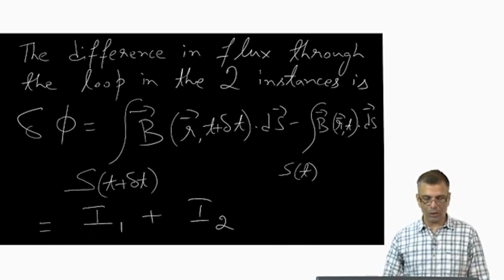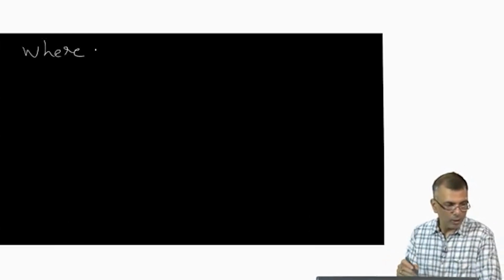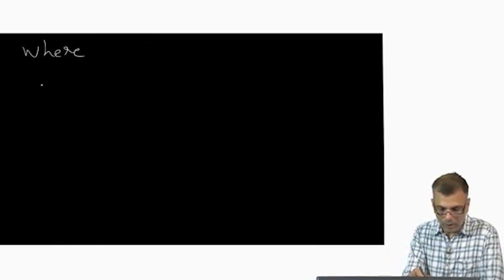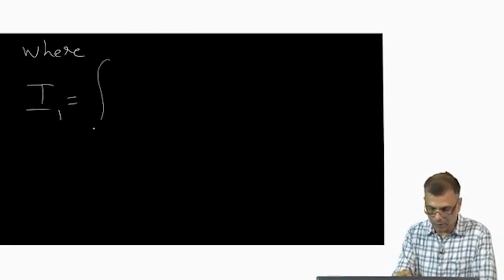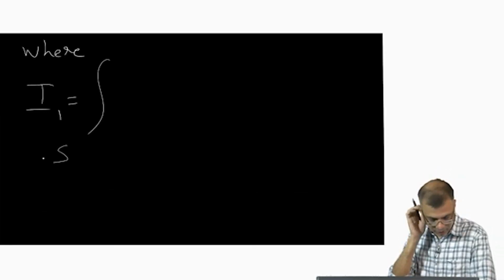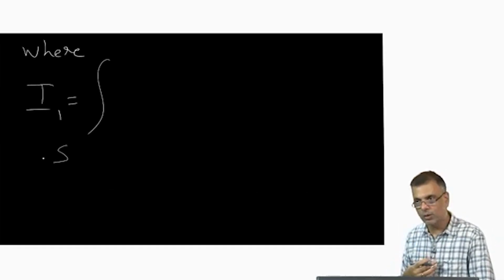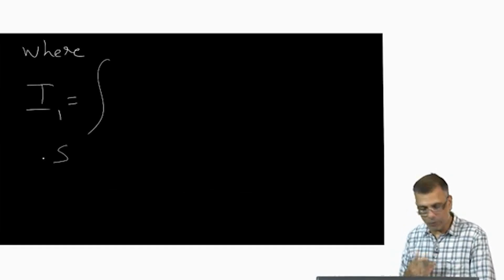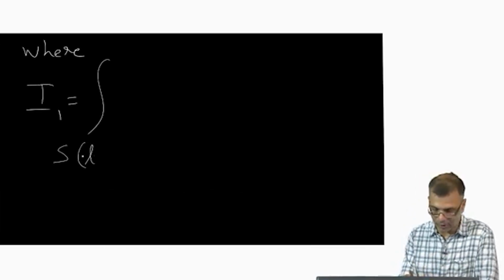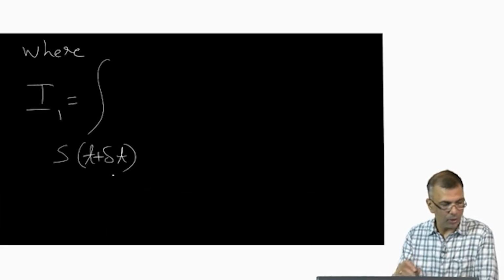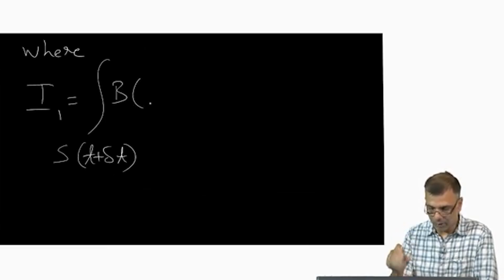Okay. So where I1 is equal to, I1 is essentially the difference in flux due to the change in the loop position, and I will write this down and then we will discuss it. Like that.